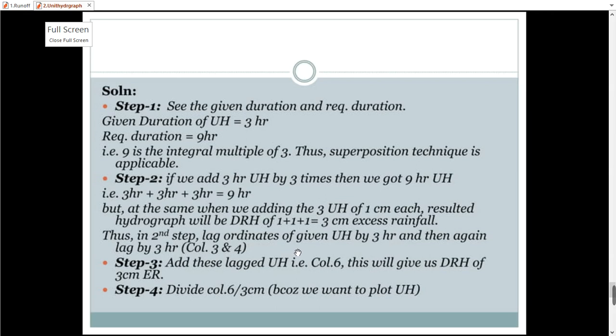The second step is the ordinates of the given unit hydrograph by 3 hour and then again lag by 3 hour, column 3 and column 4. At this lagged unit hydrograph, column 6 will give us the DRH of 3 centimeter ER. Divide column 6 by 3 centimeter because we want to plot the UH, right?